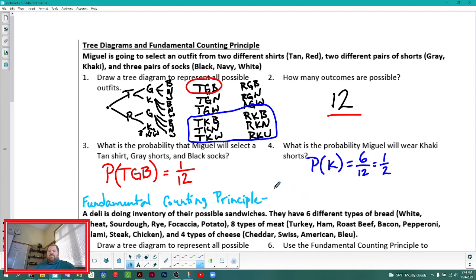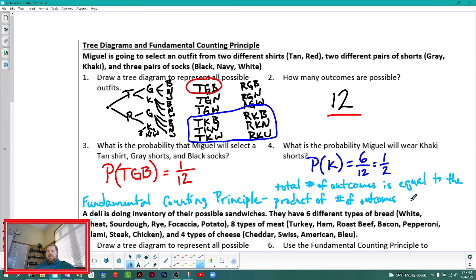Okay. The fundamental counting principle tells us that the total number of outcomes is equal to the product of the number of outcomes of each event.